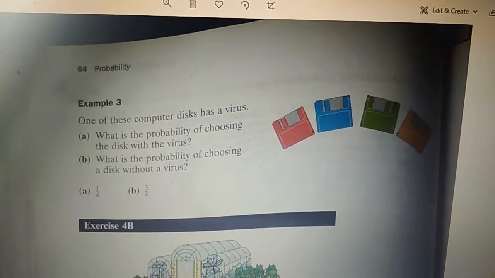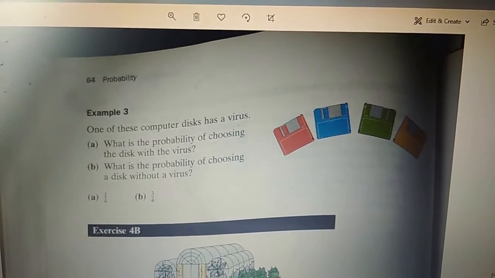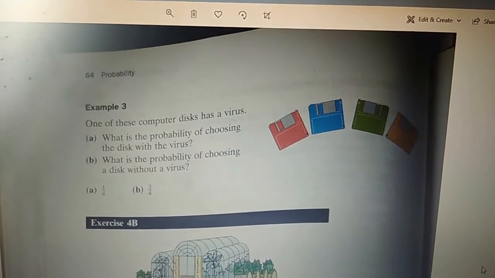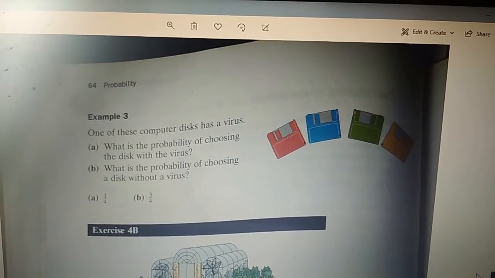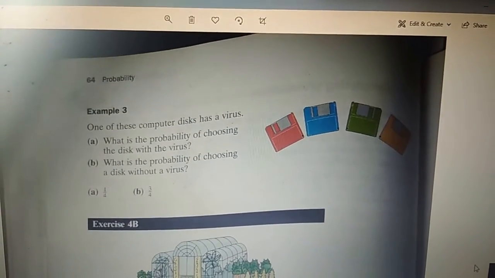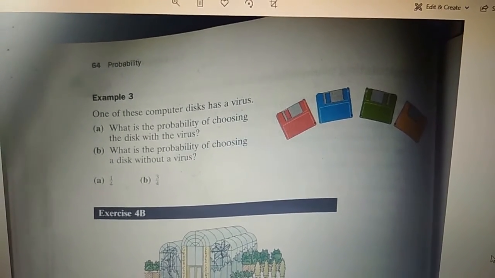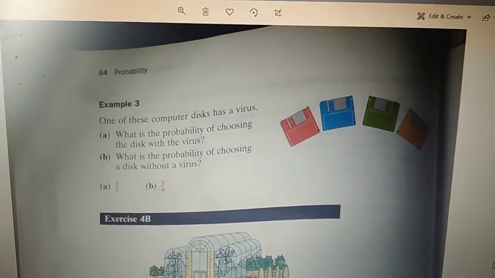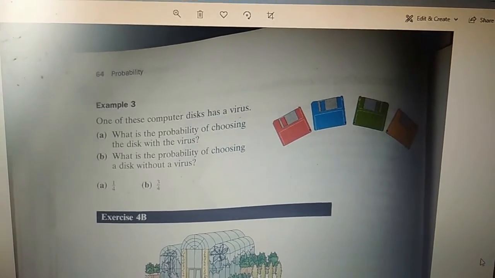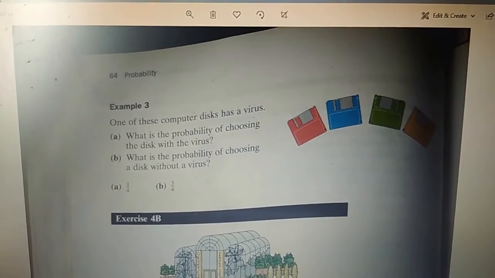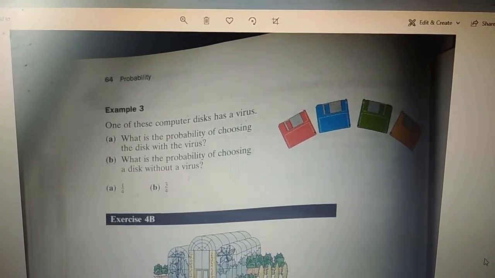As per the question, one of these disks has a virus. Out of these 4, only one has got the virus, and the other 3 are virus free. So in question B, what is the probability of choosing a disk without a virus? Definitely it should be 3 by 4. Why? Because only one has the virus, but the other three don't.